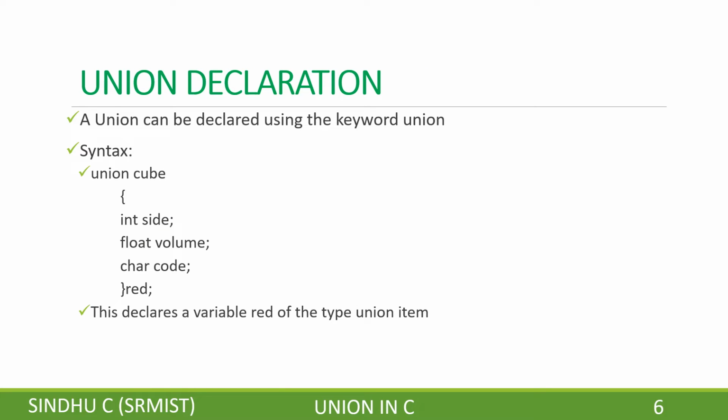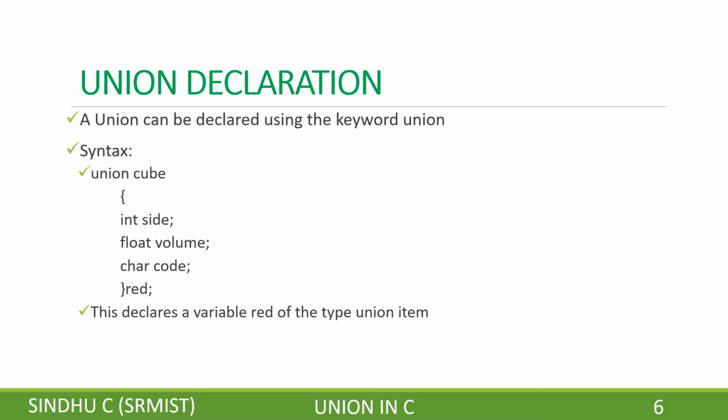Union declaration. So we start the union's declaration with the keyword union. Here we have an example, union cube. Here cube is the tag name. We have three members. So the members are side of the type int, volume of the type float, and code of the type character.